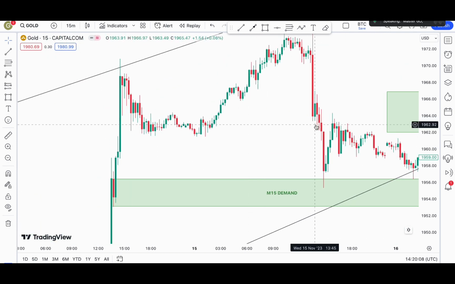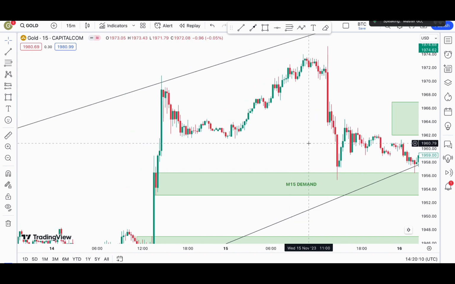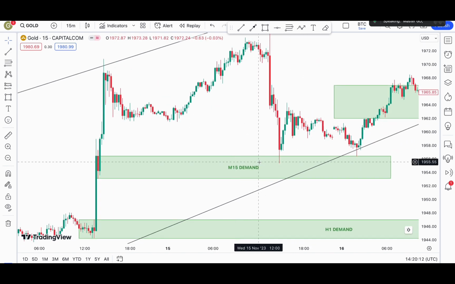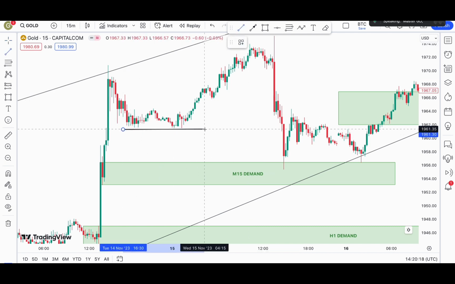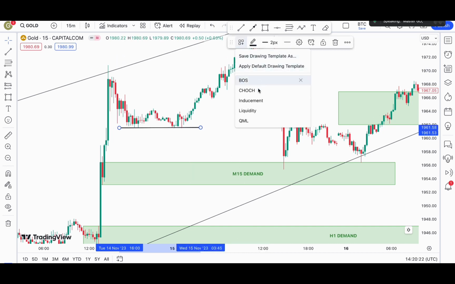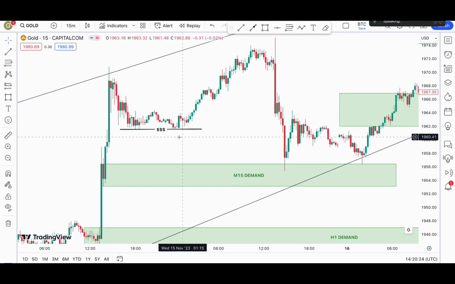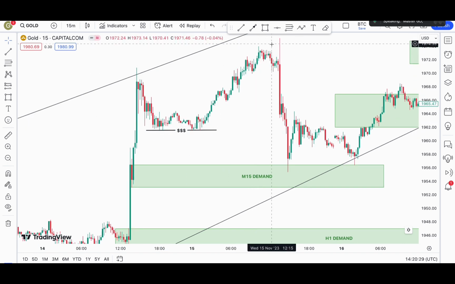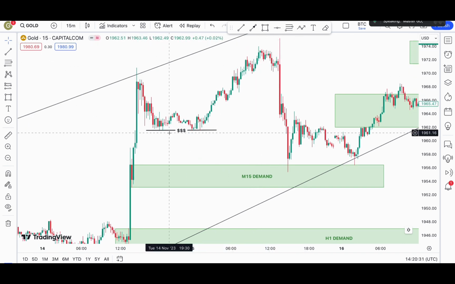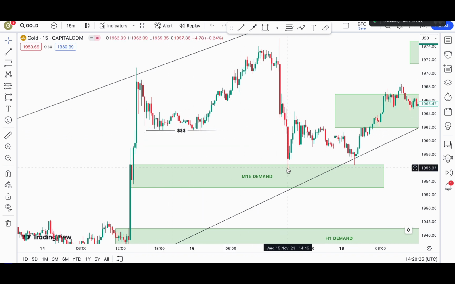Why? Before this zone, how do we know this is a strong and good zone? Remember the liquidity concept? This is the equal low here. If the price has swept or formed liquidity before the zone, then this is a good zone.